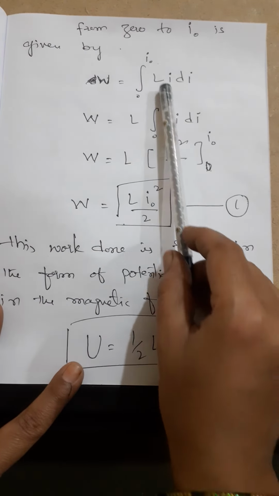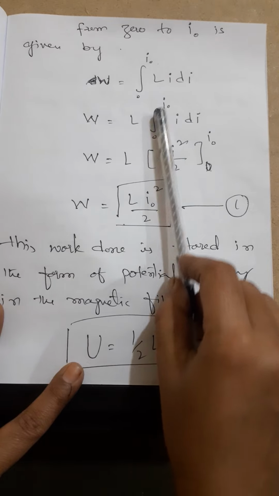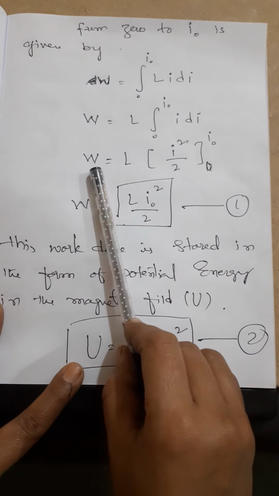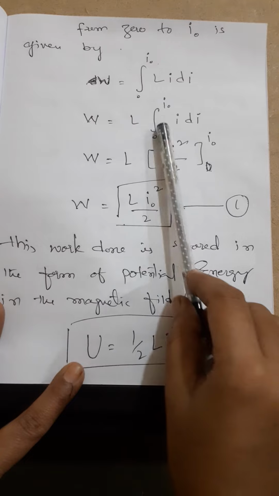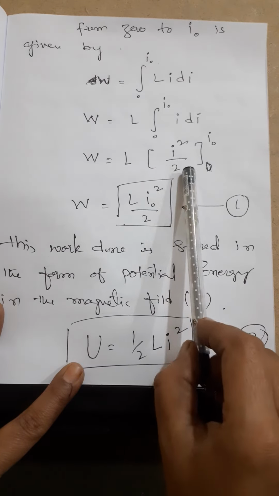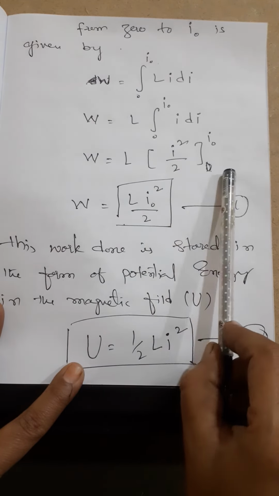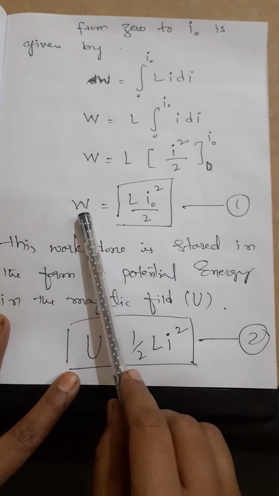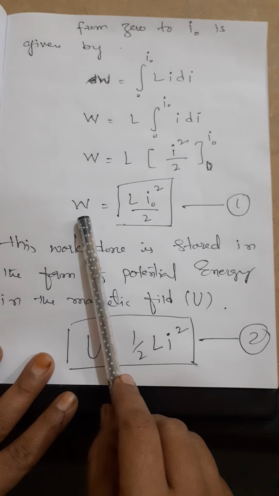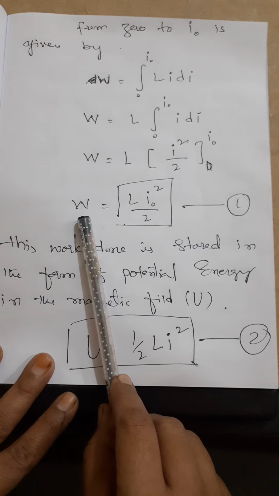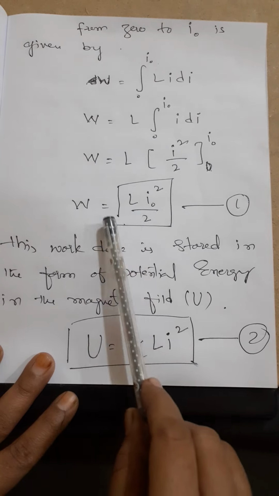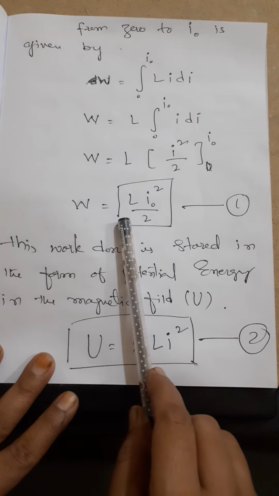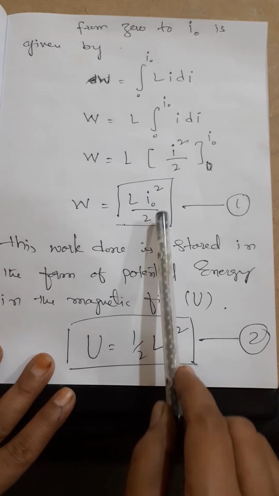Here L is taken out, and W is equal to L times the integral of I dI, which is I square by 2, with limits 0 to I naught. When you substitute the limits, the total work done in establishing the maximum current in the coil or solenoid can be written as L I naught square by 2.